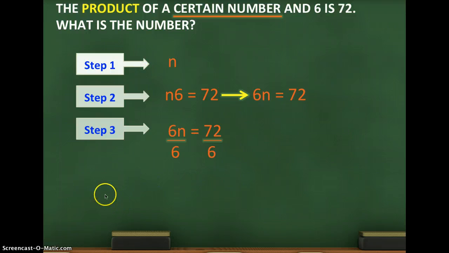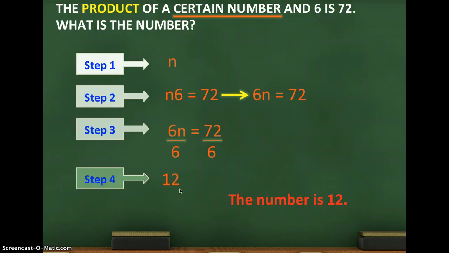So, to get the answer, 6 divided by 6 is 1, so you will have 1n, and you don't have to write the number 1. n is fine, equals 72 divided by 6. So in step 4, n is equal to 12 because 72 divided by 6 is 12. So our number is 12.